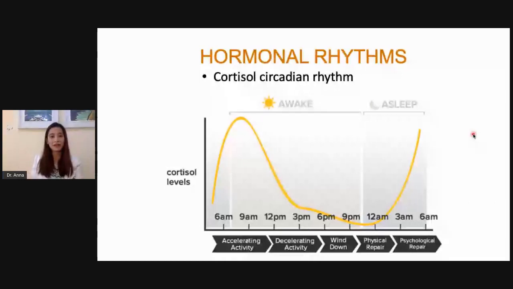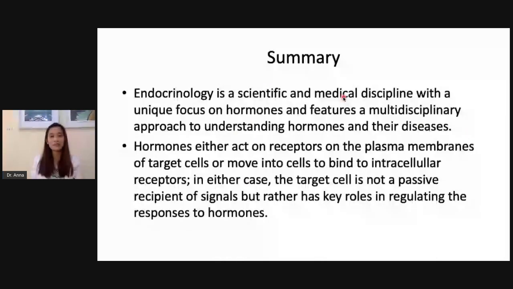So to summarize, endocrinology is a scientific and medical discipline with a unique focus on hormones and its associated fields, and features a multidisciplinary approach to understanding hormones and their diseases. Hormones either act on receptors on the plasma membranes of target cells or move inside the cell to bind to cellular receptors or even intranuclear receptors.